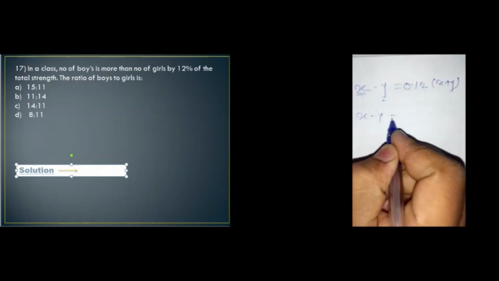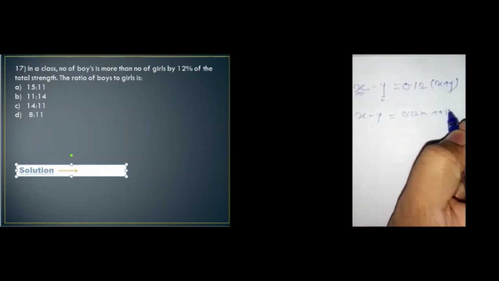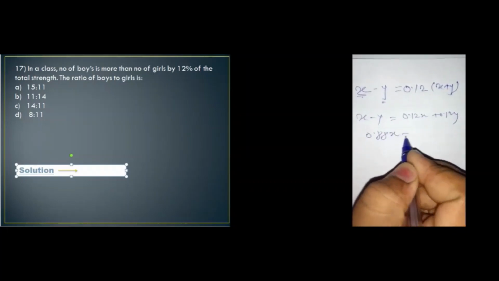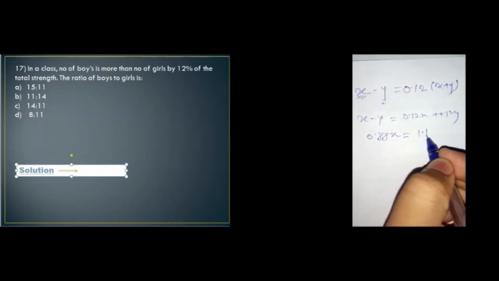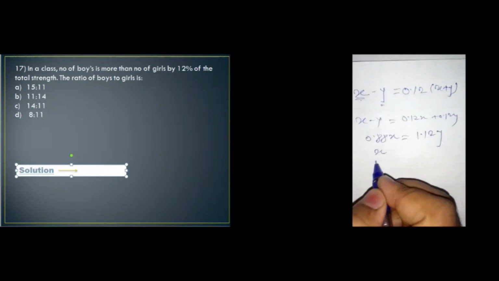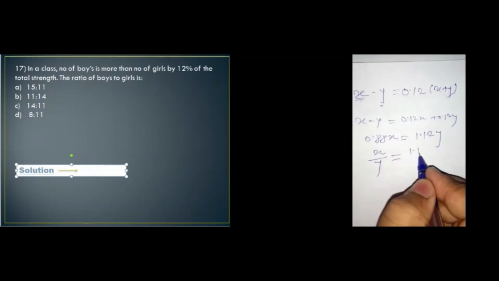x minus y equals 0.12x plus 0.12y. When we solve this, it will become 0.88x equal to 1.12y. We have been asked the ratio of x by y, the number of boys divided by the number of girls, so it will be 1.12 by 0.88.